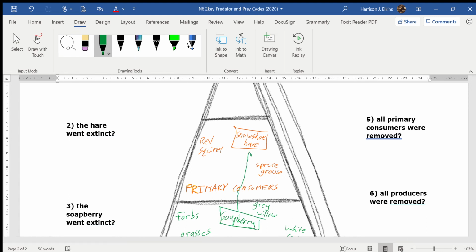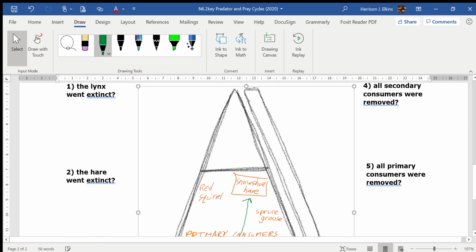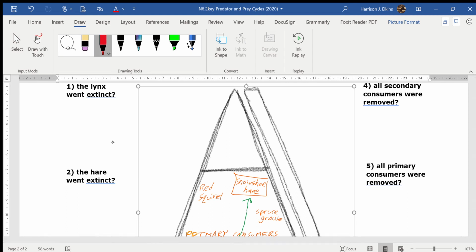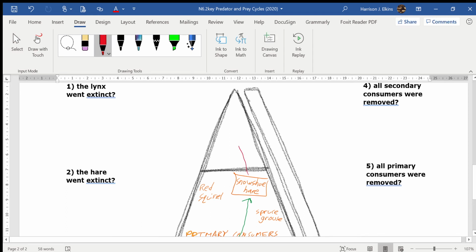Alright, so a snowshoe hare, he's going to eat the soapberry along with these other ones, right? So let's just make it simple for each of them here. And the snowshoe hare is going to be eaten by, well, the lynx. Okay, and the lynx is what we would consider to be a secondary predator, or consumer. Secondary consumer. Okay, so the lynx is kind of at the top of the food chain, is what we would say, right?